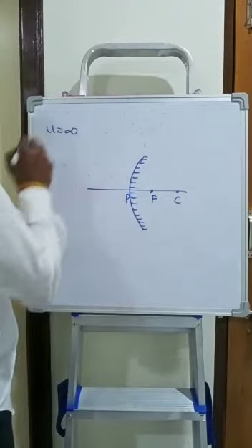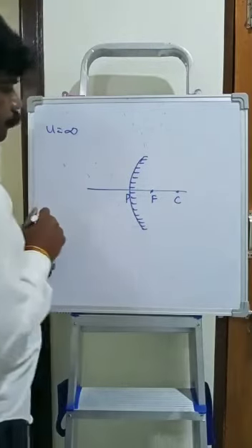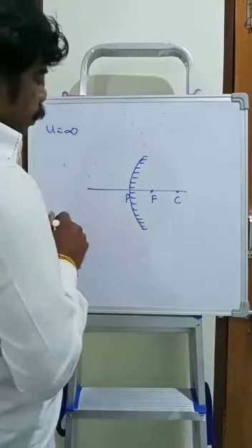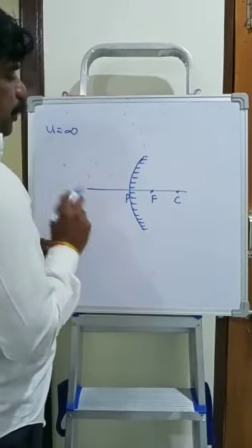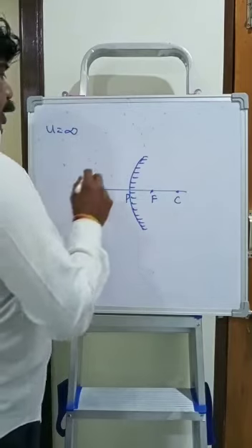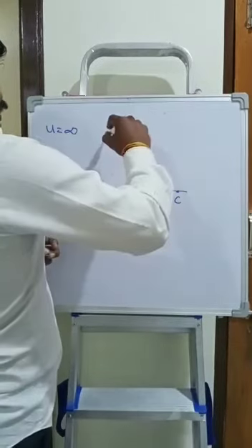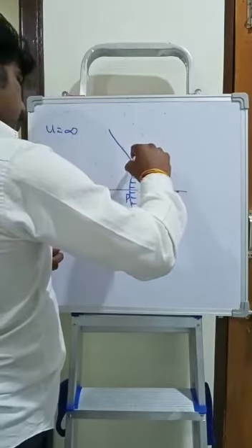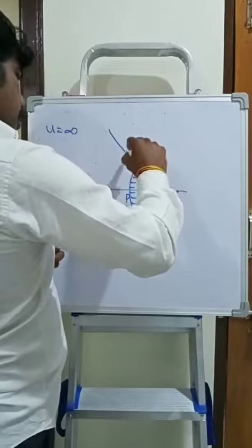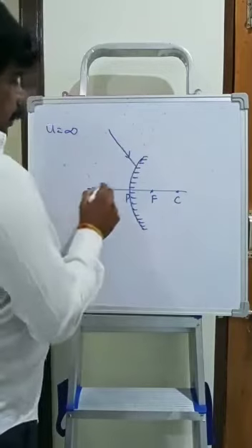If the object is at an infinite distance, already you know about this, at least two rays of a parallel beam of light should be taken as incident rays. I am taking two rays. The first incident ray is passing through the focus or focal point.